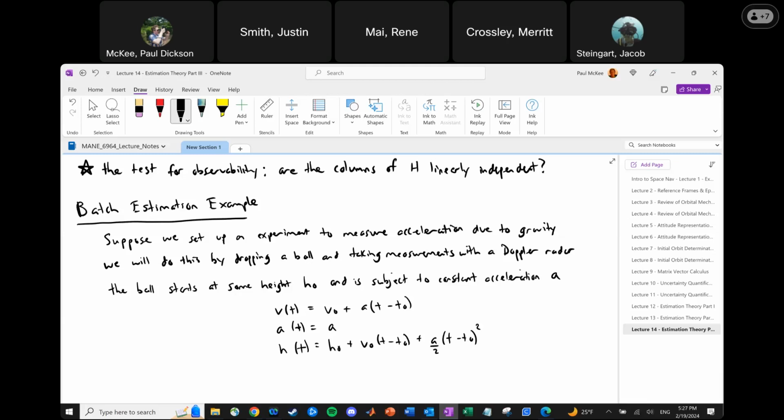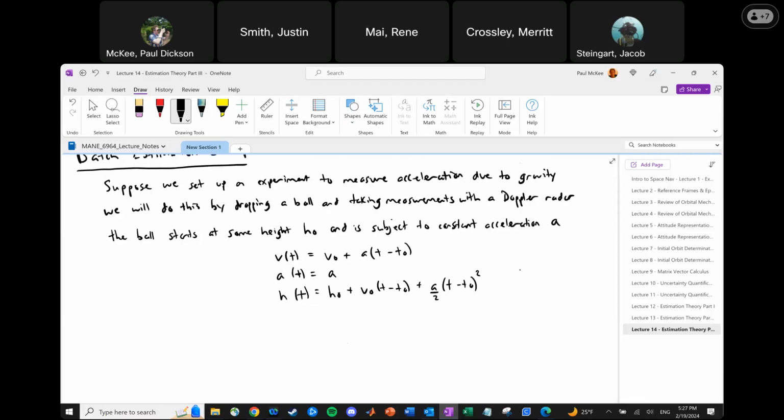Now, let's talk just for a second about Doppler measurements, right? So Doppler sensors, like the sensors that police use to detect how fast somebody's going, measure frequency shift of reflected light.